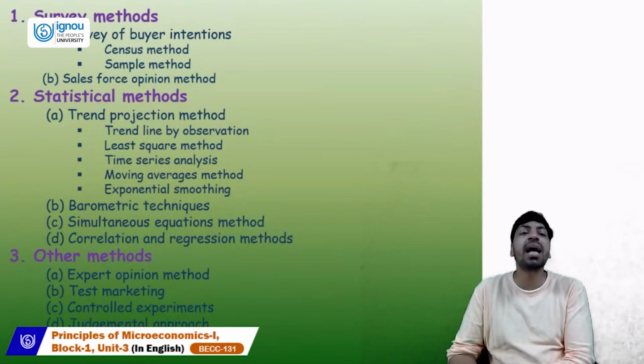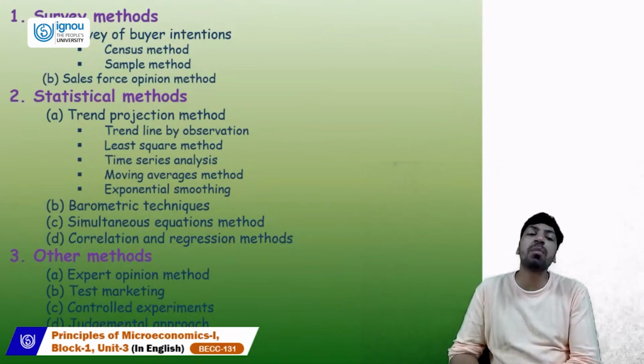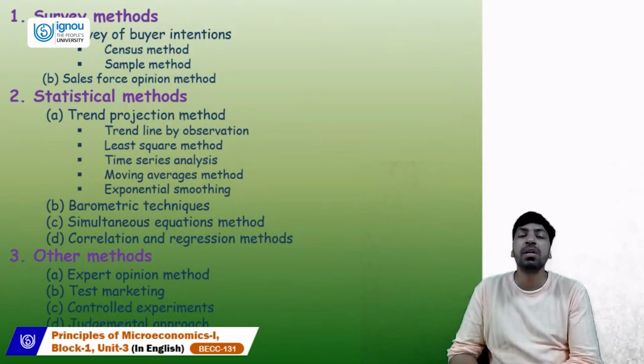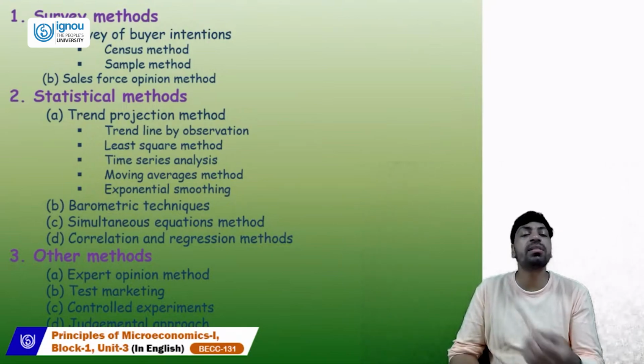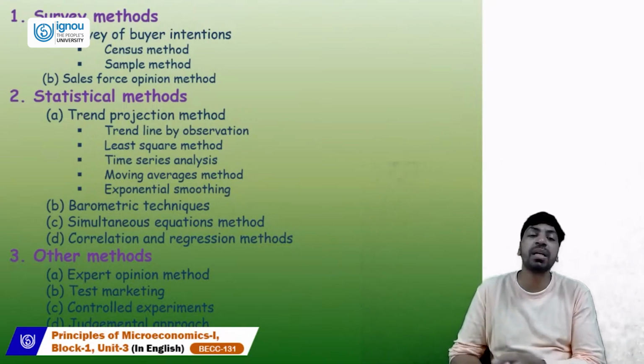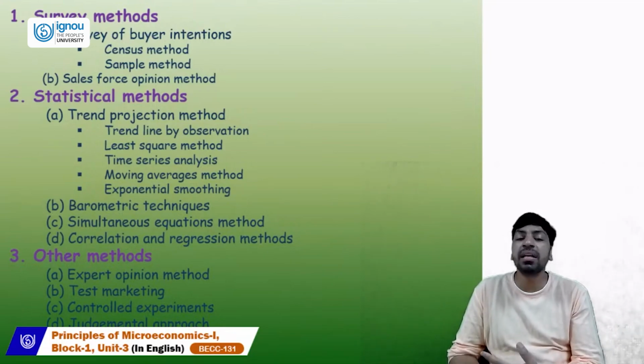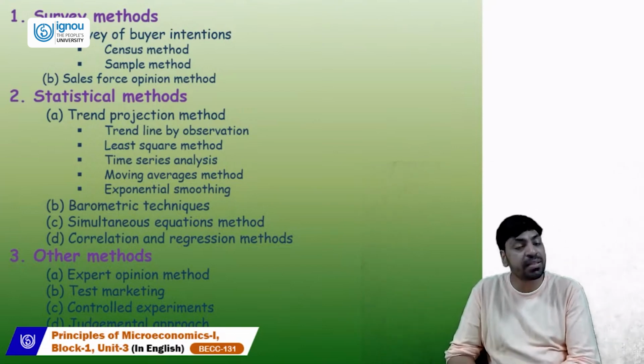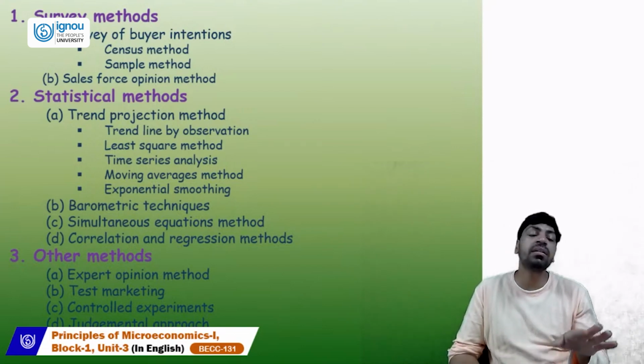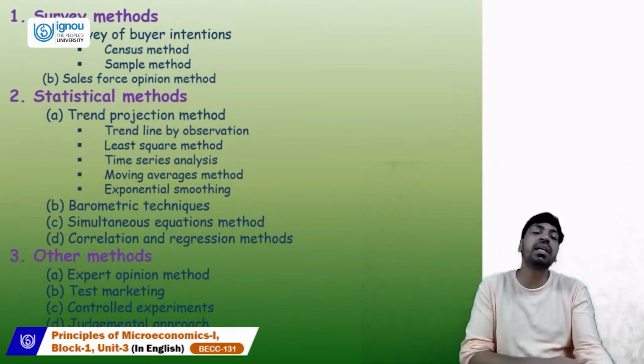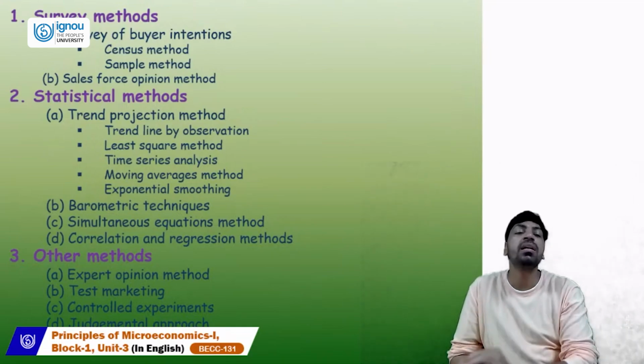The next one is the statistical method. Under this there are four main categories. The first one is the trend projection method, where we talk about the trend line by observation. Whatever is observed on a seasonal basis, whether quarterly, half yearly, yearly, or by seasons like winter, summer, spring, rainy season, accordingly the sales line, the demand line, would be drawn.